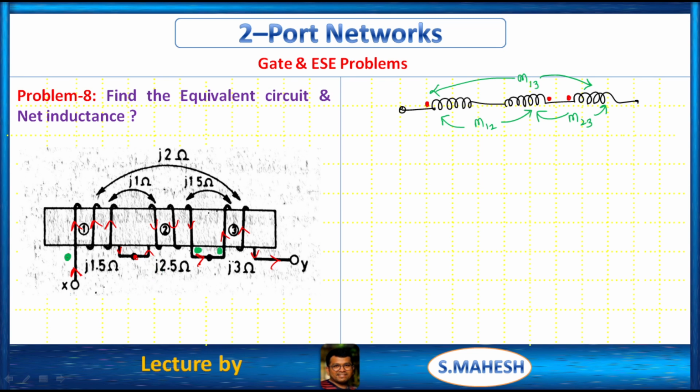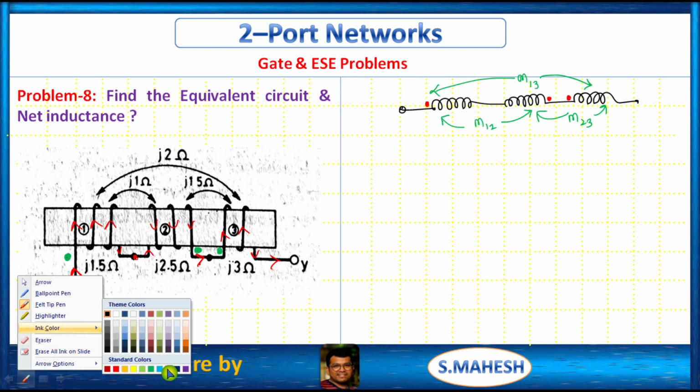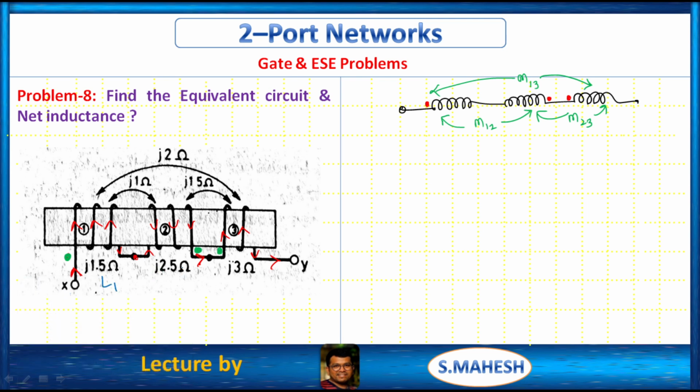Given that, this is L1, this is L2, this is L3, this is M13, this is M12, this is M23. Therefore, this is the equivalent circuit.